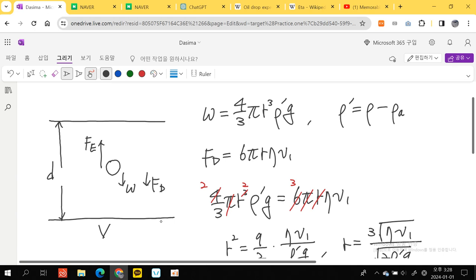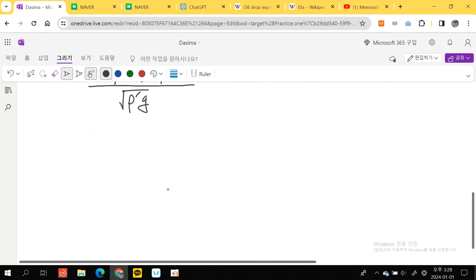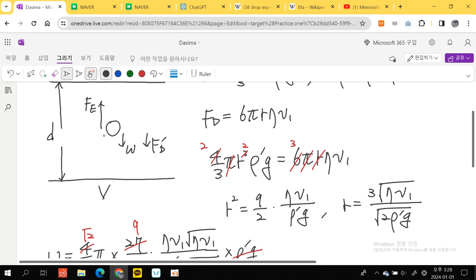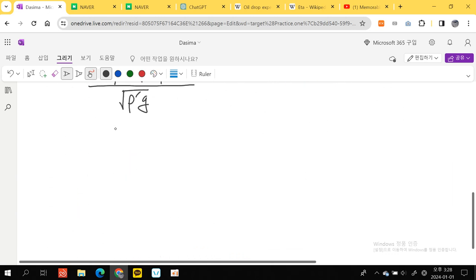So we can make a new equation. And if the droplet has reached the second terminal velocity, the electrical force is the sum of the gravity and the drag force.